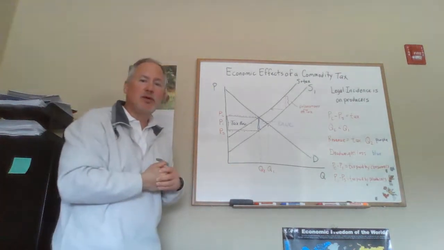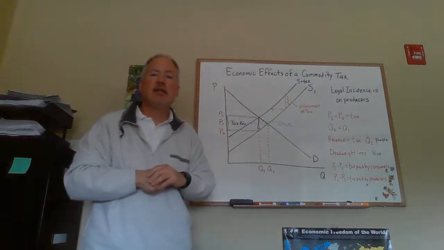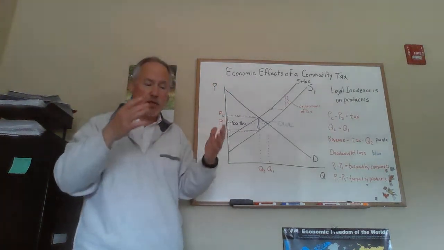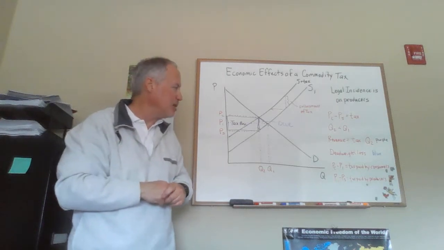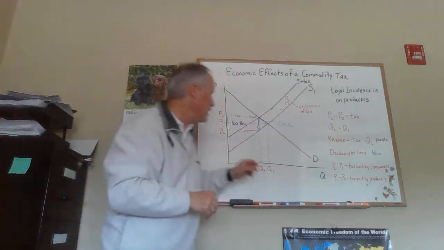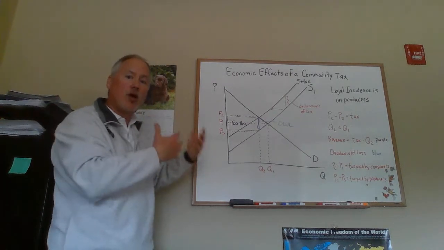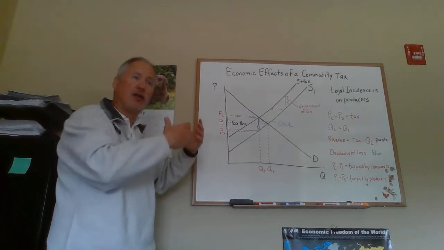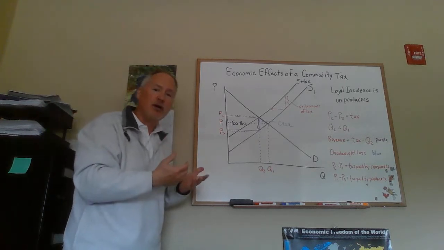We have one important result here, because we said the legal incidence is on the sellers in this case. So 100% of this tax is legally paid by the producers. But what we can see when we compare the equilibria is that a portion of the tax is going to be paid by consumers, and a portion of the tax is going to be paid by suppliers.